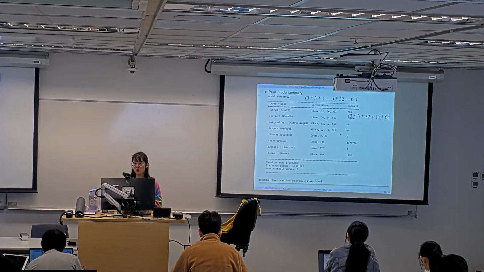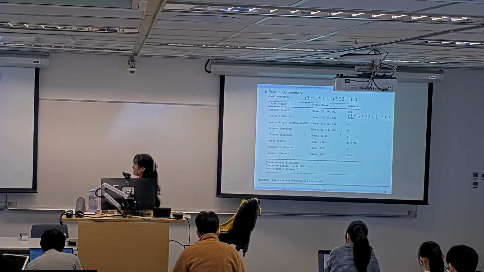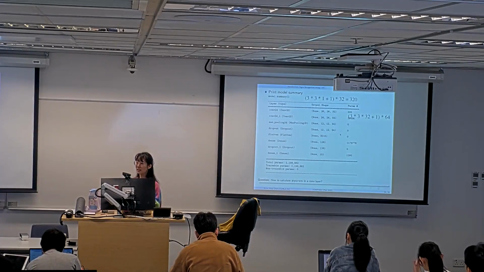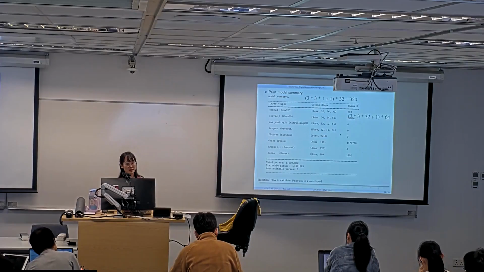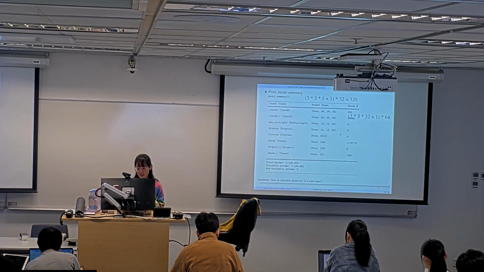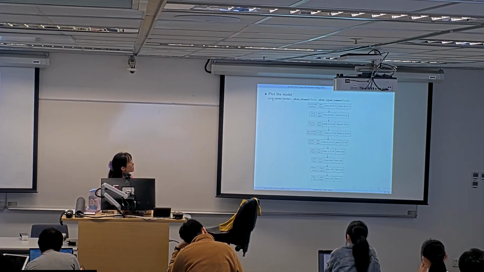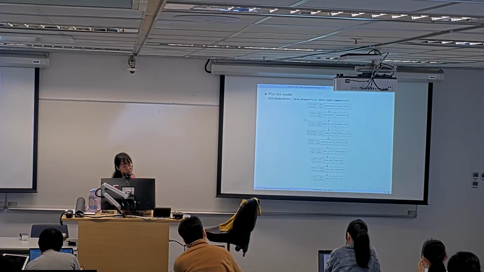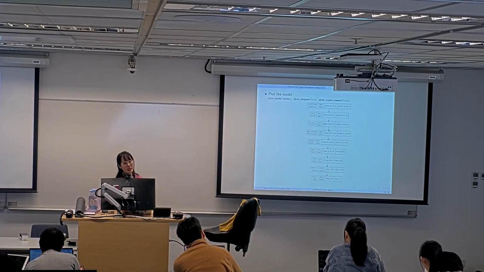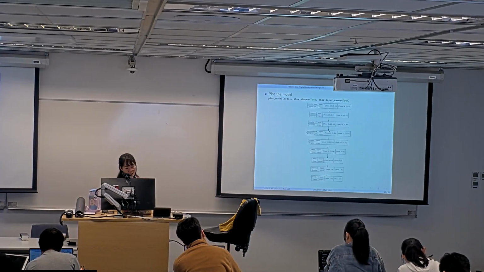Alright, so any questions regarding the model summary and how to calculate the number of parameters in a convolutional layer? Great. And we can also plot the model by using this plot_model function. After that, we will get a graph like this. So basically, it tries to visualize the whole neural network layer by layer.